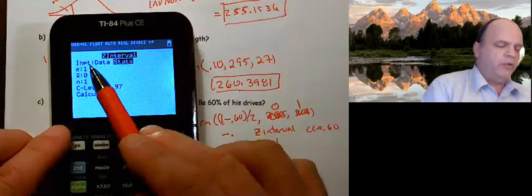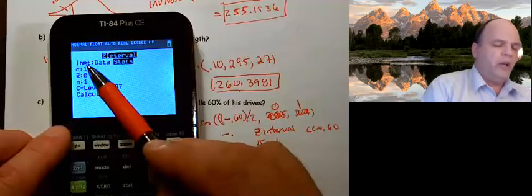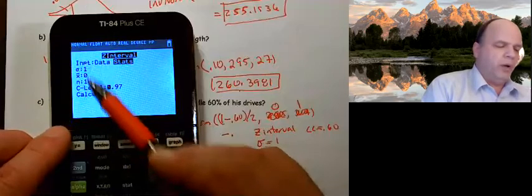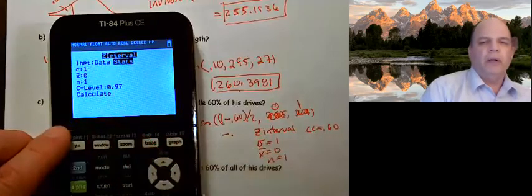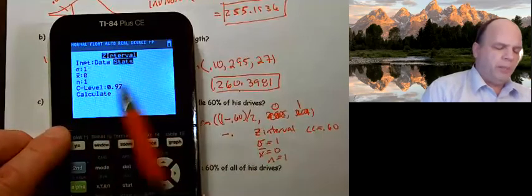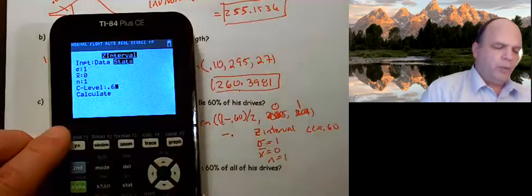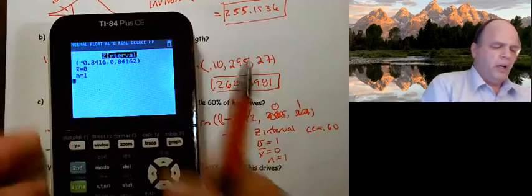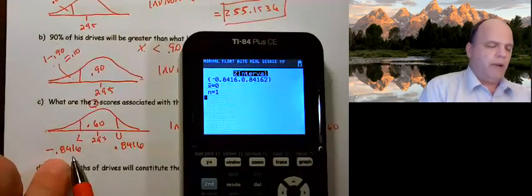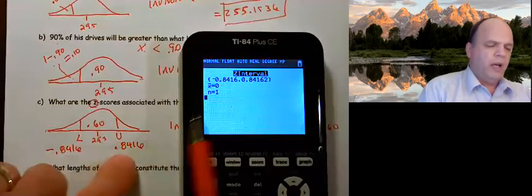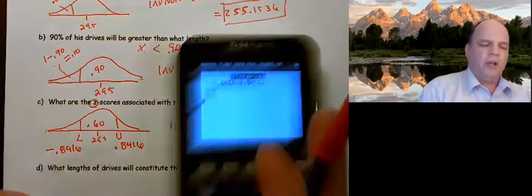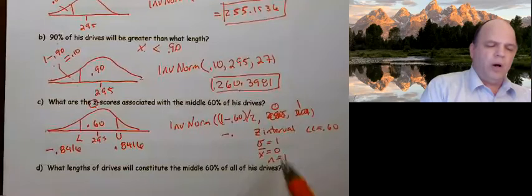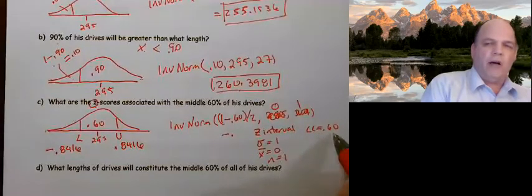And because we're calculating z's, this will always be the case, 1, 0, 1 every single time. But then we need to plug in our confidence level, which is 0.60. And press enter, and there we go. We get the same negative 0.8416 and 0.8416. And so once again, 1, 0, 1, and then our confidence level of 0.60.